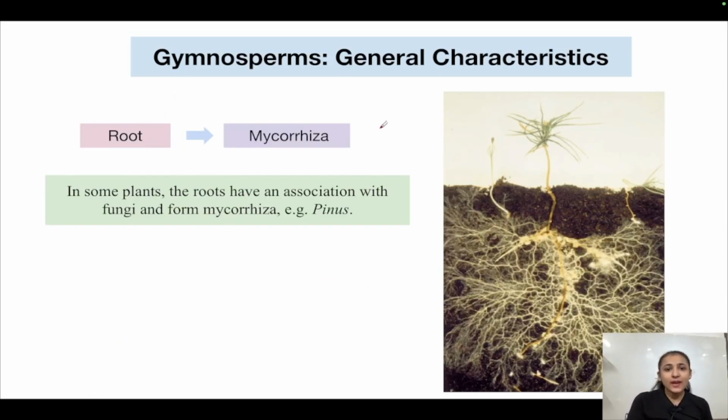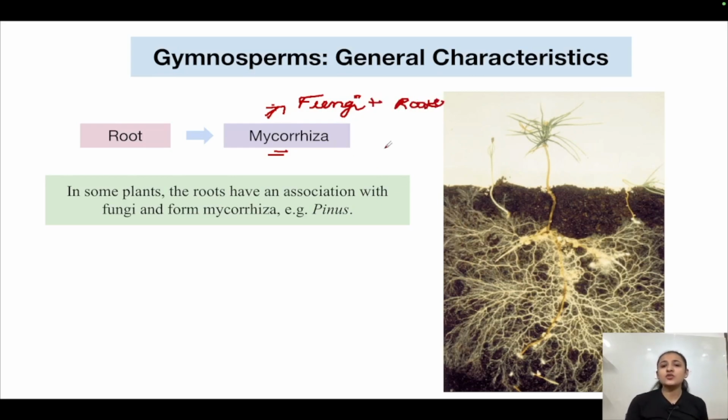Now let us look at mycorrhiza. Mycorrhiza is one of the special cases found in the roots of gymnosperms. What is mycorrhiza? Mycorrhiza is an association of fungi with the roots of gymnospermic plants.